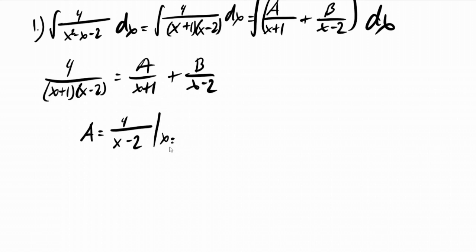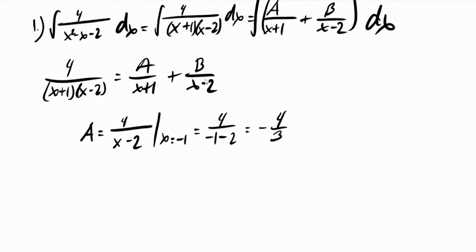So in this case it is -1, right? So -1. And if we substitute it into x, it will be equal to 4 over -1 minus 2. Now simplify it. It will be equal to -4 over 3.